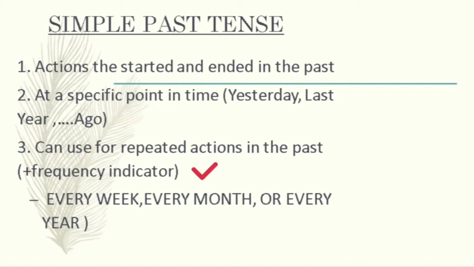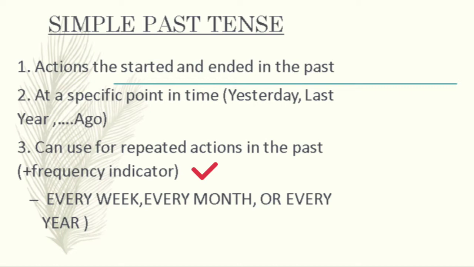Third, we can use the simple past tense for repeated actions in the past. So, things you did every week or every month or every year, every hour if you like. But one point about this, make sure to include a frequency indicator if you want to talk about an action that repeated in the past.